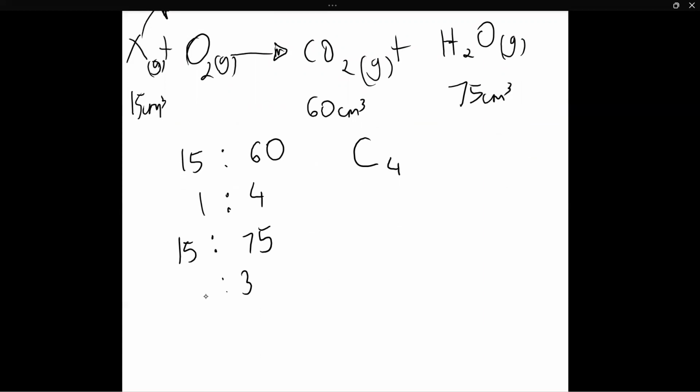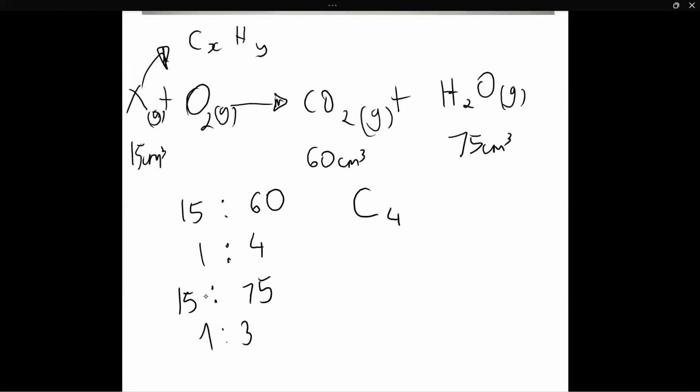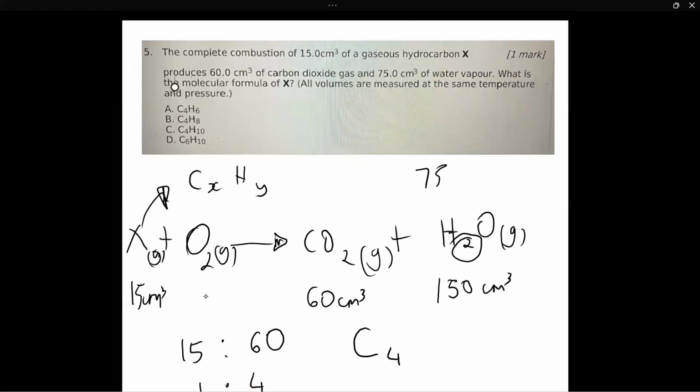That is because over here, we have 2 atoms of hydrogen. So technically, you are producing not 75, but 150 centimeters cubed of hydrogen, because it's 75 centimeters cubed of water, and each molecule of water has 2 hydrogens. So that's into 2. That will give you 150 centimeters cubed of hydrogen.